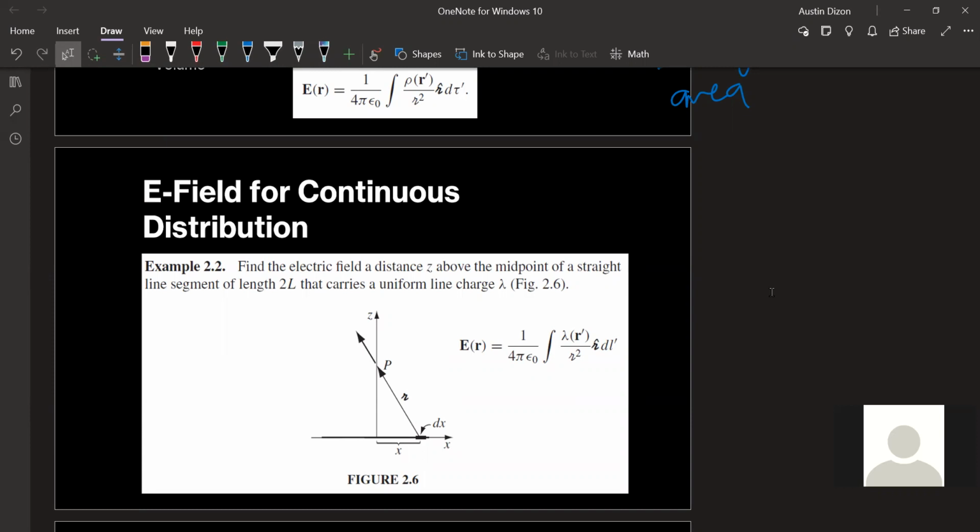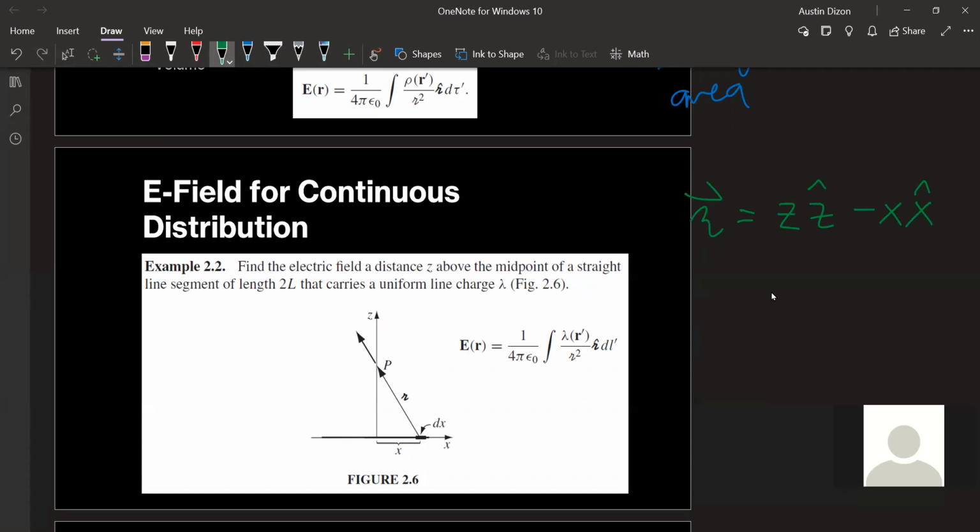Okay, let's write down R, curly R, vector mo. And that would be, again, this is Z hat minus X hat. Pansin yun?